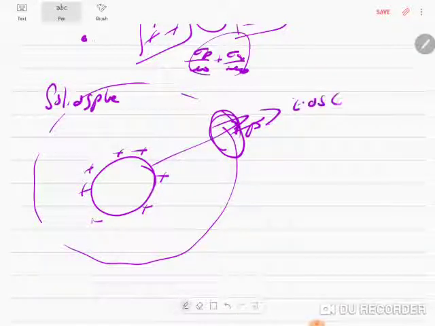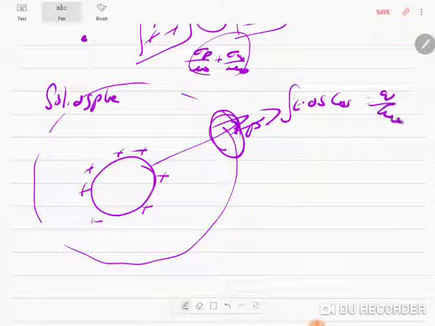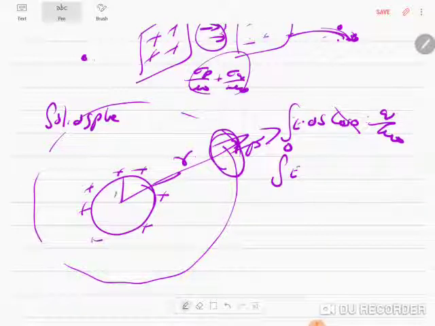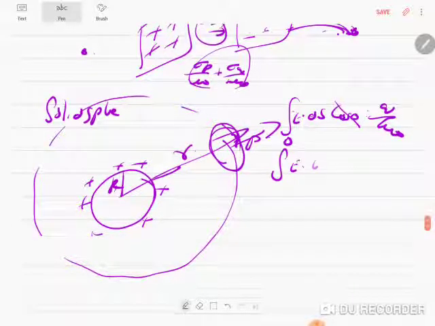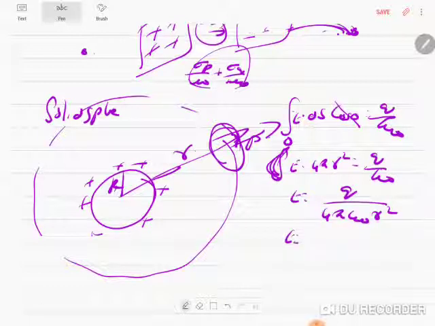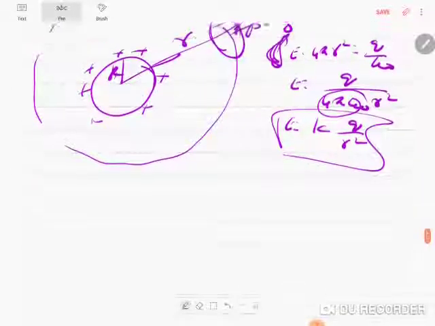Integral of E ds cos 0 will be equal to q by epsilon naught. ds will be integrated over the surface, the position vector being small r and this being capital R. So E into 4 pi small r square is equal to q by epsilon naught after integration. So E is equal to q by 4 pi epsilon naught r square, which is k q by r square. That will be the electric field at any point P.